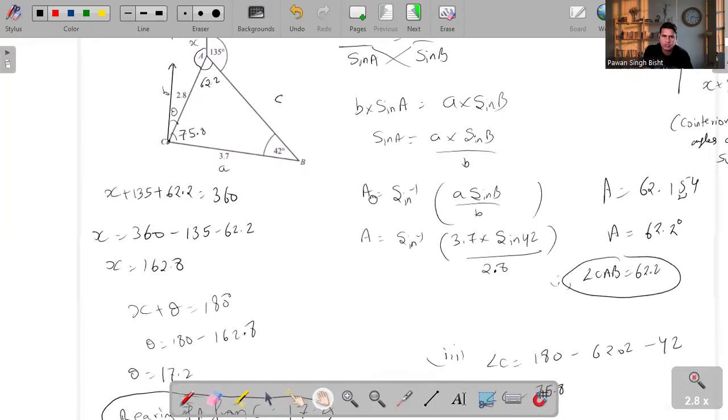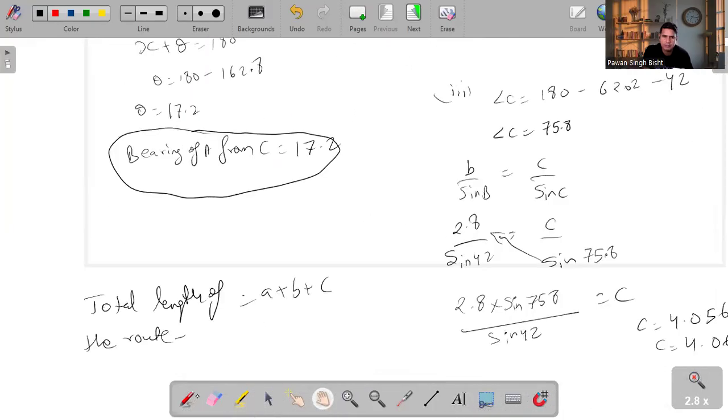So 3.7 plus 2.8 plus 4.06. Add it. So it is coming 10.56 kilometers. That is the total length of this road, right?